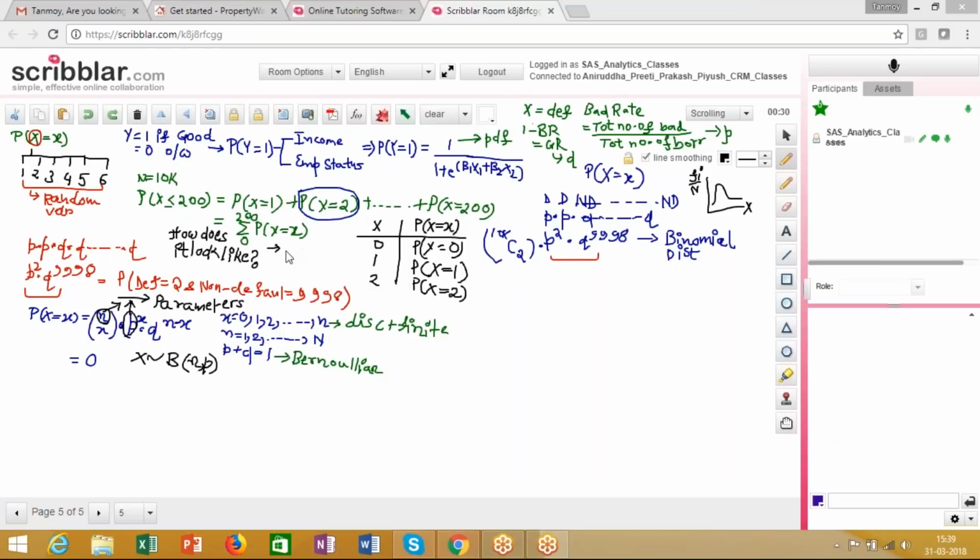Okay. So basically, a binomial distribution can be asymmetric, very skewed, as well as symmetric.